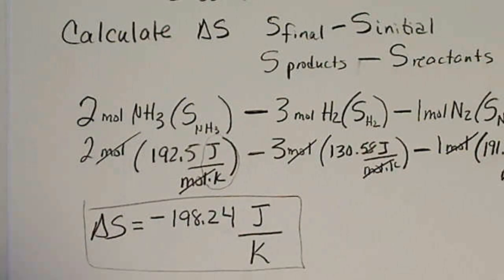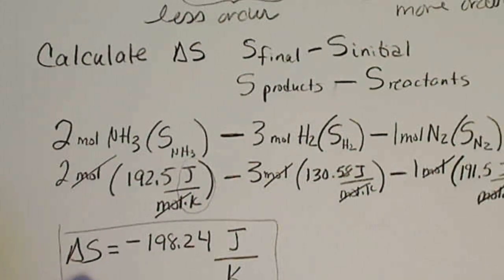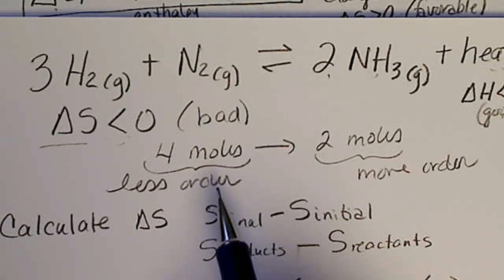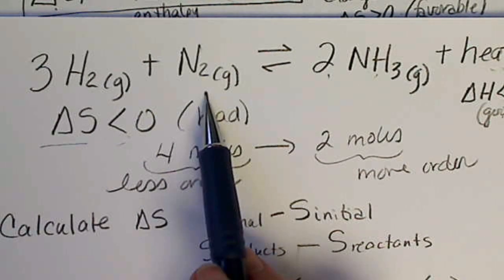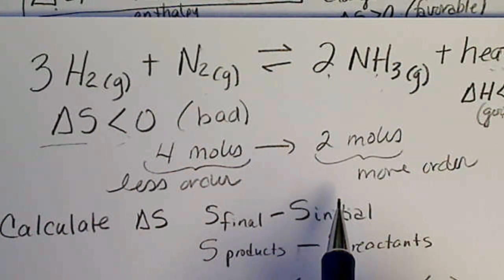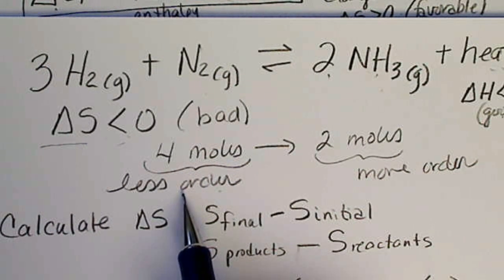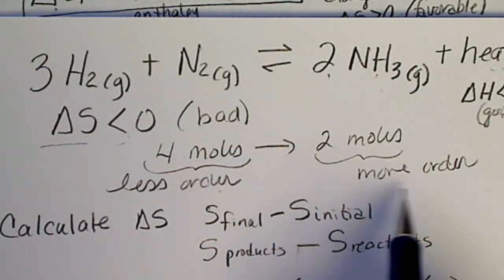This also confirms what we saw just by looking at the reaction. We predicted that since we have 4 moles of a gas going to 2 moles of a gas, that the reaction is going to, oh, I should have said, less order, more order.